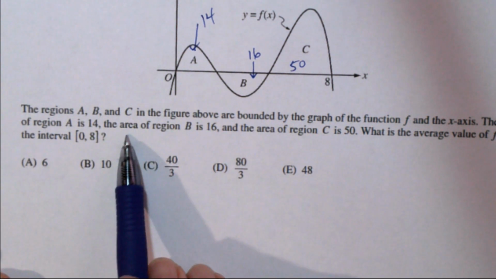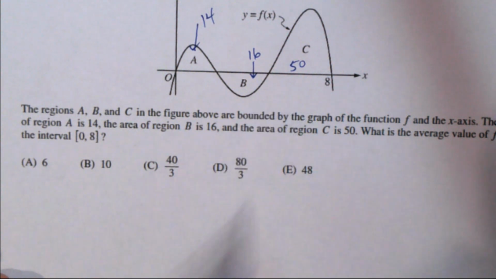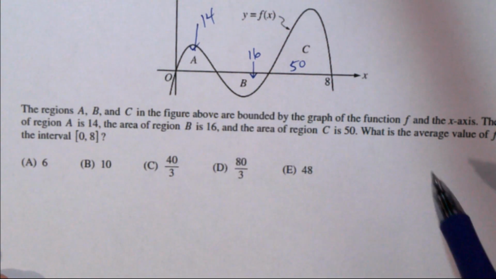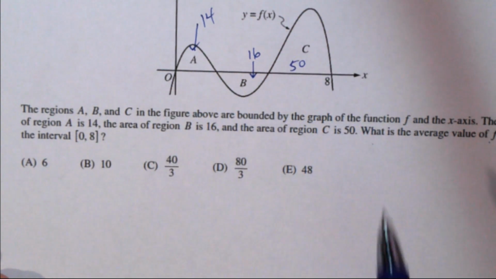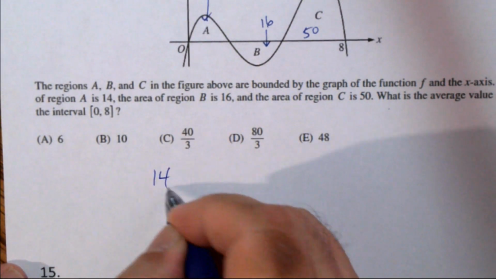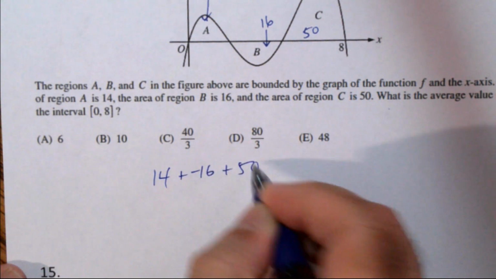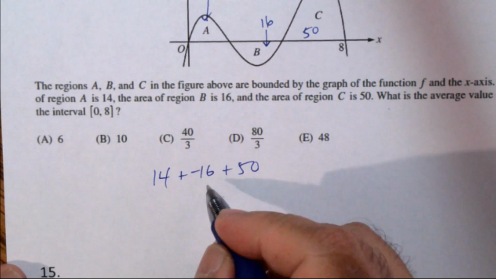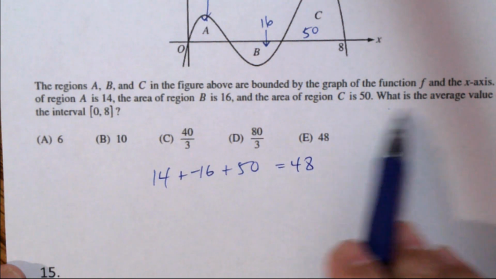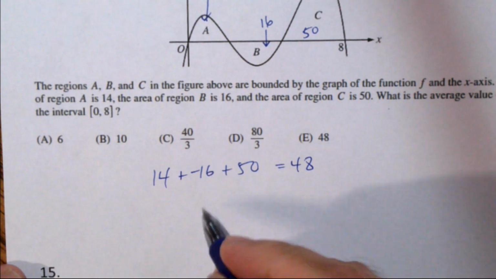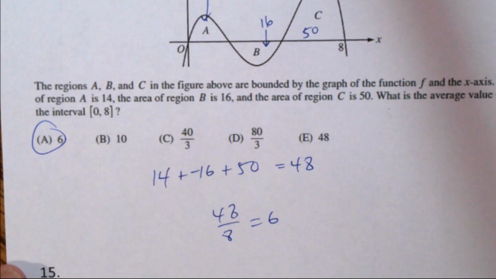But because they're describing it as just plain old area, they're giving you the positive value. But B has a negative value. All right. And it says, what is the average value of the function on the interval from 0 to 8? So you're going to do positive 14 plus a negative 16 plus 50. That's going to be what? Negative 2. So that's equal to 48. It has a length of 8, so you divide by 8, and you get 6. So the answer is A.